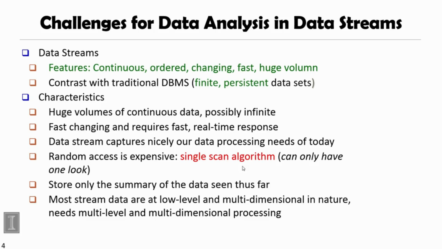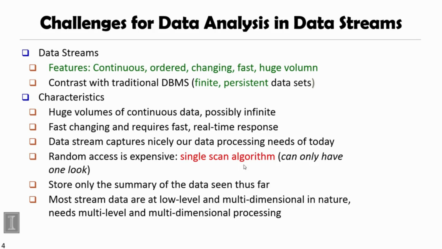Another important challenge is that most data streams are coming at a very low level, like from particular sensors, and they also come with multi-dimensional features. For example, some part could be temperature, some part could be video, some part could be audio, some could be text data.